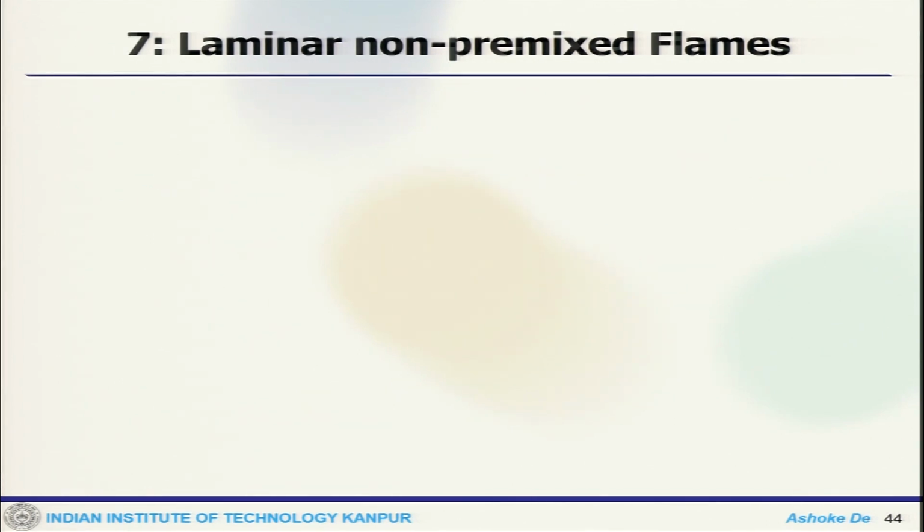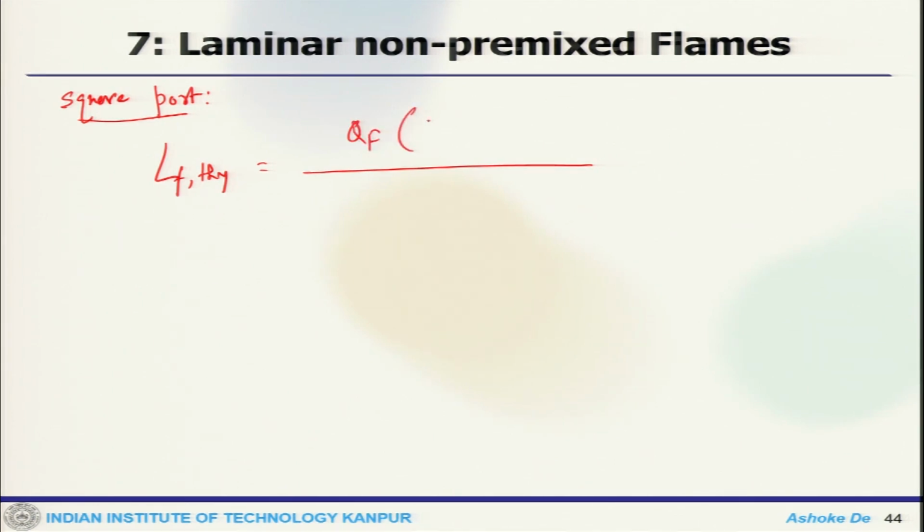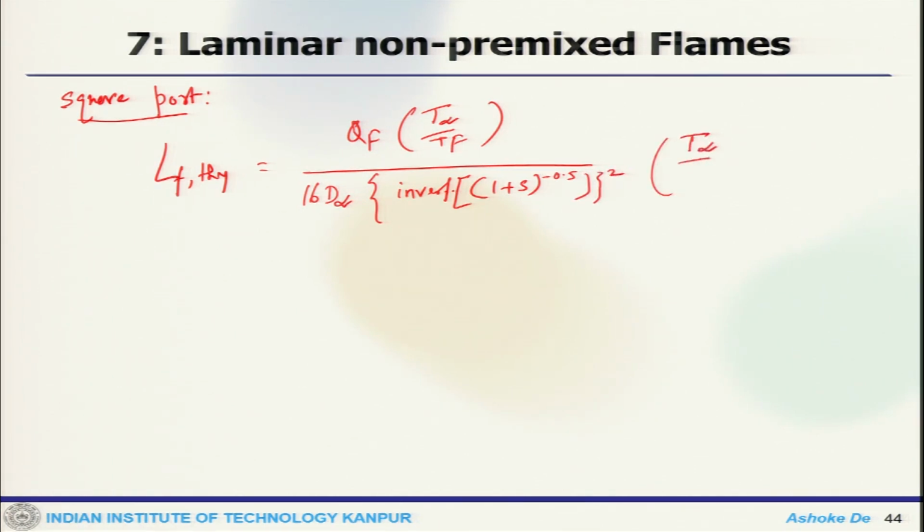Now, instead of a circular port, if you take a square port, then we get a different expression for the flame height, which is QF, 16 D infinity, (1 plus S), T infinity by Tf.